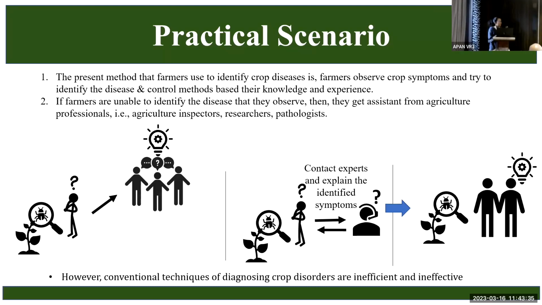They go to the inspectors or share the photos with the expert, and thereafter try to get advice from the expert. Sometimes if the expert cannot identify the disease based on the photos shared by the farmer, they come and visit the field and try to figure out the disease and provide the solution.